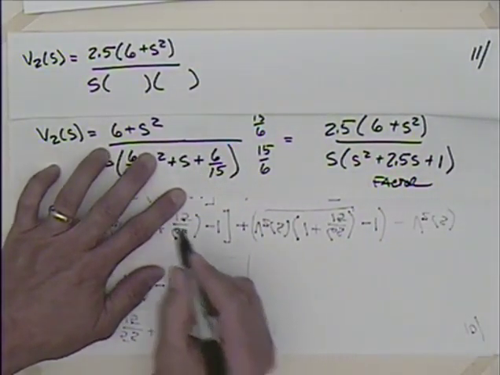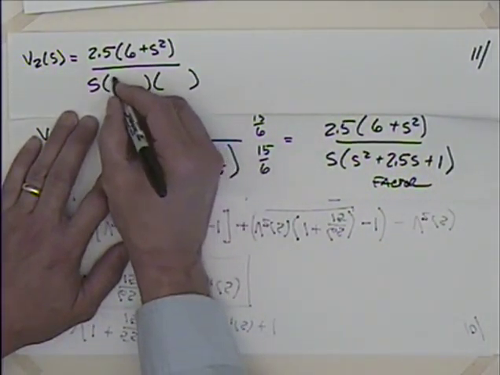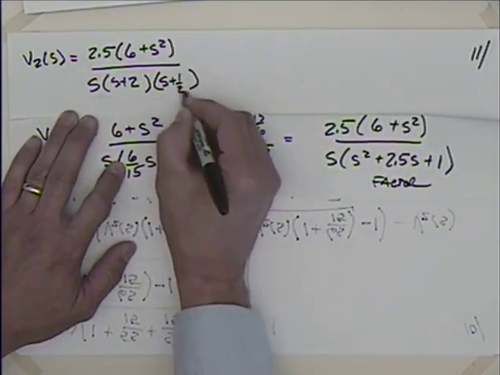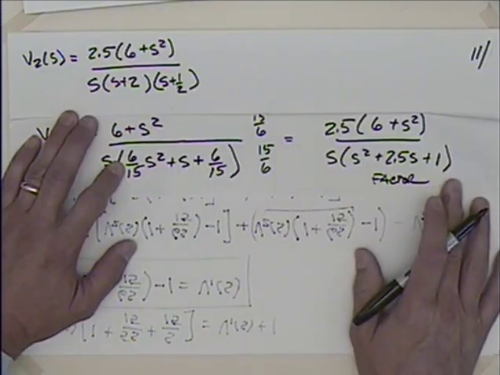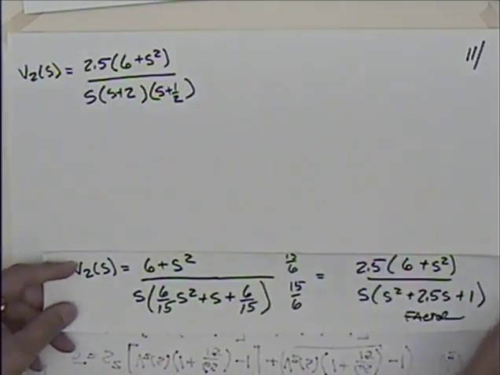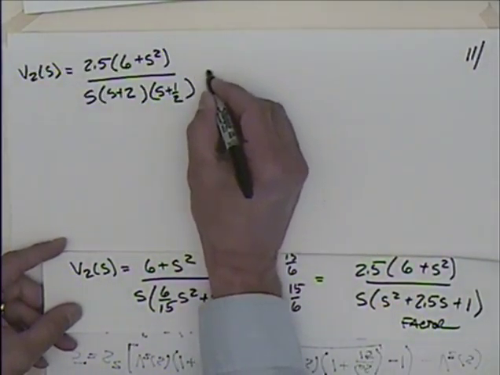Looking at the factors of that, I'm going to have what? S plus 2 and S plus 1/2, is that right? Yeah. So that would be our answer in the S domain for V2.